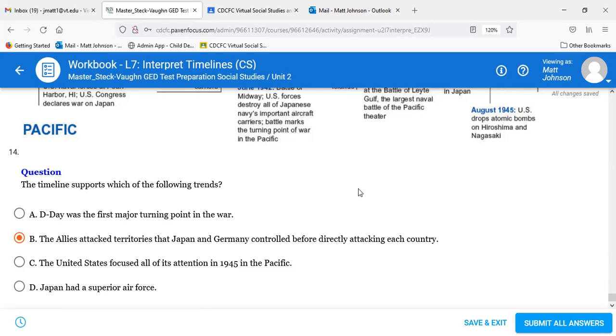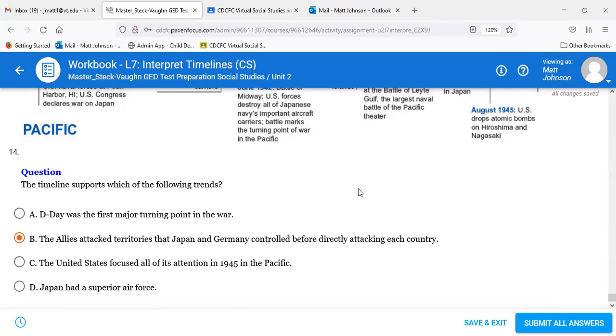So we put a lot of effort early into fighting the war in Europe. That's why D-Day comes before a lot of other events. We needed to help our allies deal with Germany so that they in turn could help us deal with Japan.